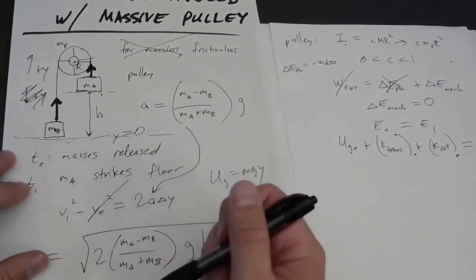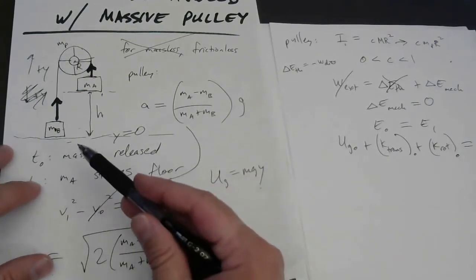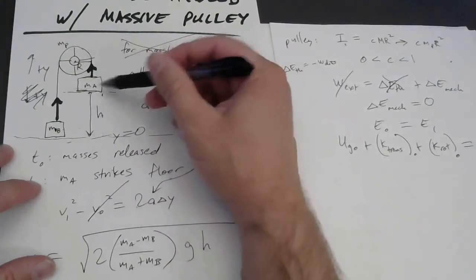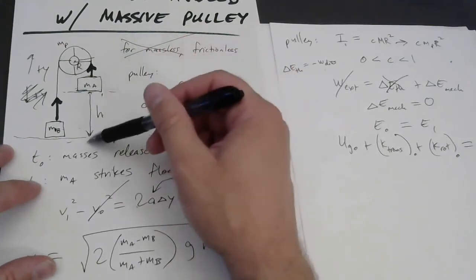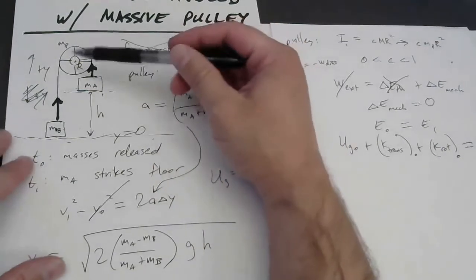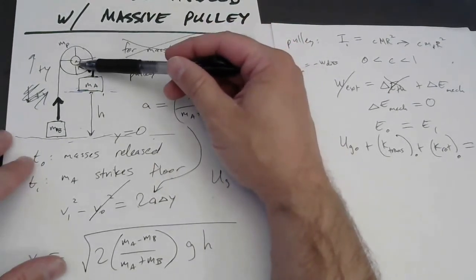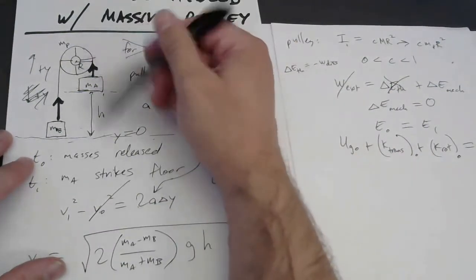Well, nothing's moving yet, so we don't have to worry about any of the kinetic energies. The only non-zero energy really would be the potential energy of mass A, because it's at a height h above the floor. And the floor is where the potential energy is 0 for any of the masses. Now, it is true that the pulley, which is above the floor, has potential energy as well, but the pulley is not going to move up or down.